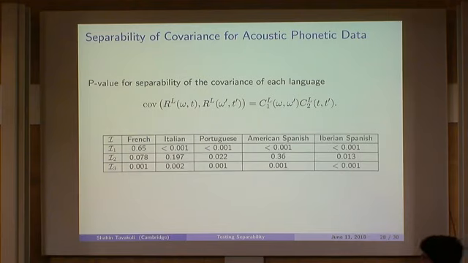What you see is that for French, if you project onto the first 4 principal directions, you don't detect non-separability, but if you go to more principal directions, you detect it. Italian, you detect it right away for the first projection. If you go to more projections, you don't detect it, and with more projections, you detect it. So looking overall, all of these languages have a non-separable covariance.